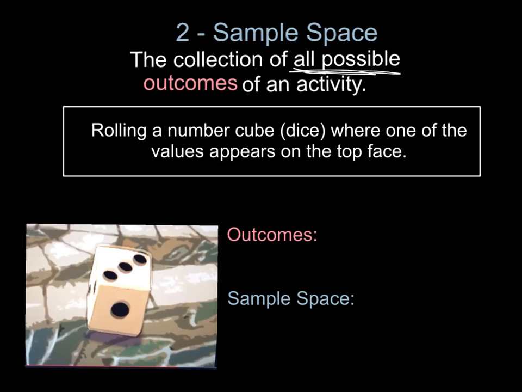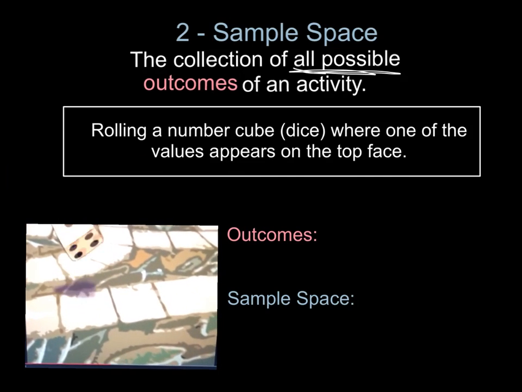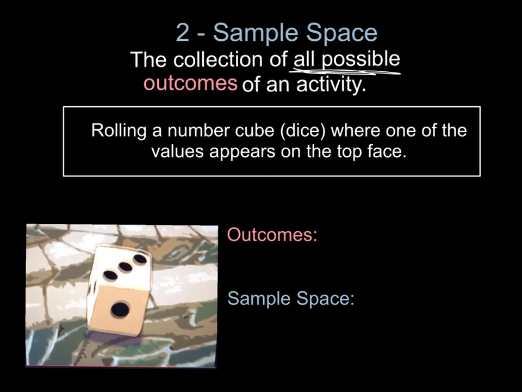Now if we look at a second example, rolling a number cube where one of the values appears on the top face. Of course, we call it a number cube, but we also know it's called a dice. And you know what this looks like, rolling a dice and having one value be on top. The outcomes happen to be all of the different numbers that could be possible values.